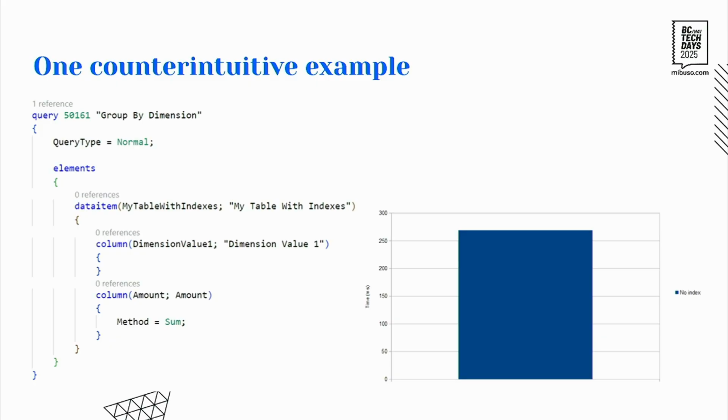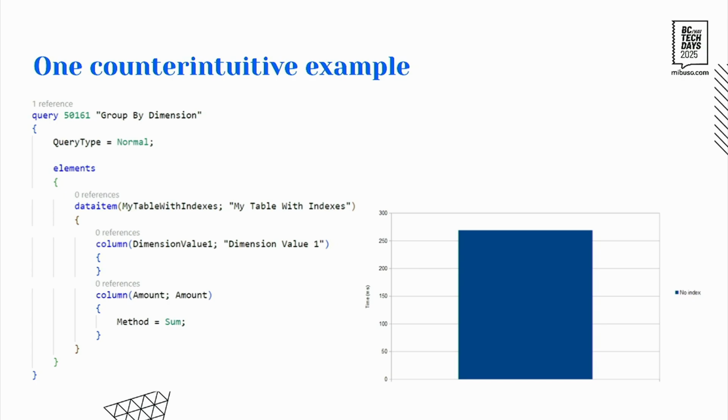Okay, so just now we talked about one negative effect of having an index. But on the other hand, having an index on a field on a table does not necessarily lead to an improvement or faster data retrieval, or at least not in the sense we expected every time.